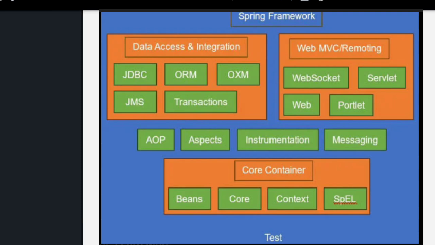Spring gives this type of facility, so there is no need to write more code. In normal JDBC, you have to complete your 7 steps. But in the Spring JDBC module, there is no need to cover the steps one by one. Directly, you can import the JDBC template from the Spring module and use it.